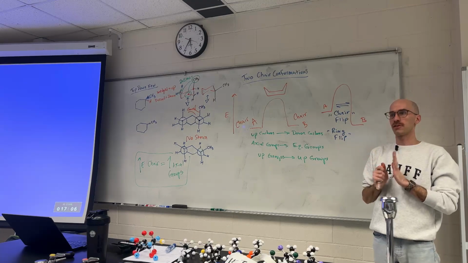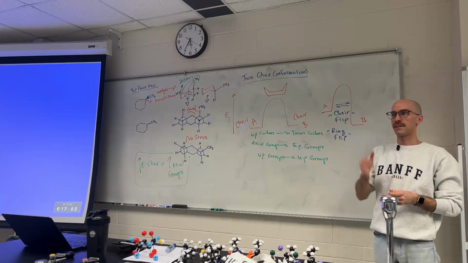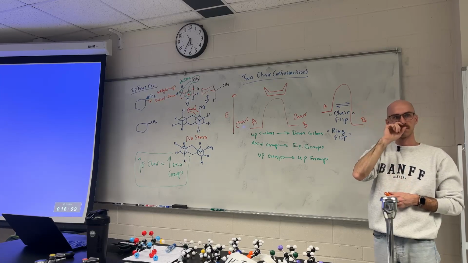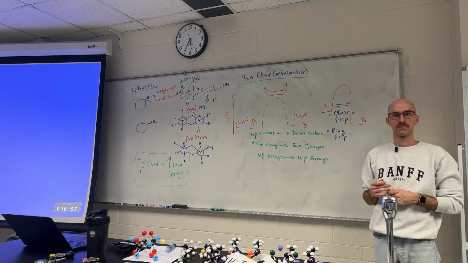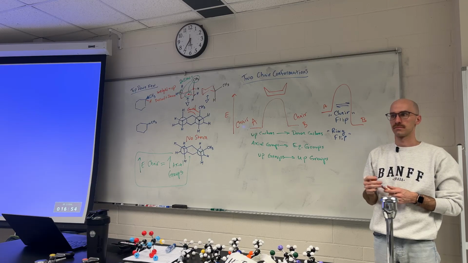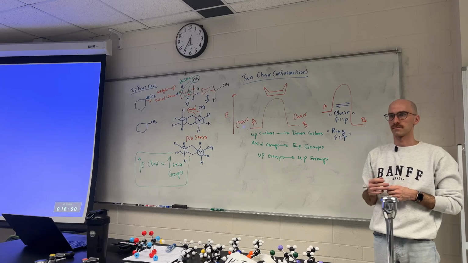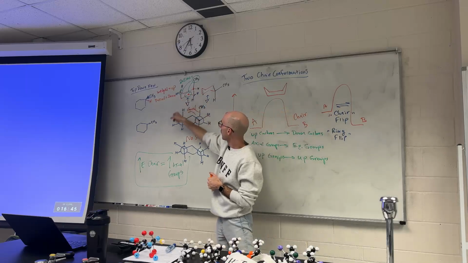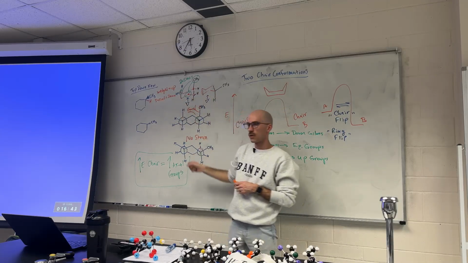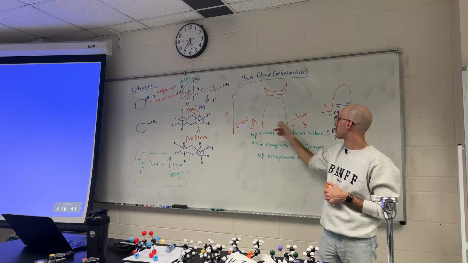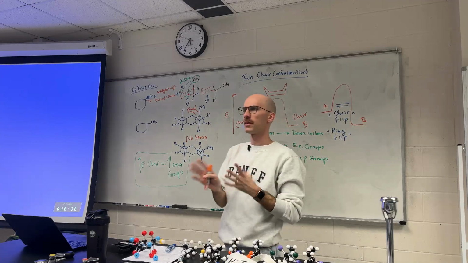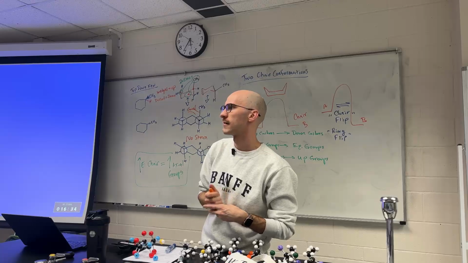Can you tell me which conformation has the methyl group anti to a hydrogen? Let's call it chair A and chair B. Which chair, the higher energy or the lower, chair A or chair B, has the methyl group placed anti to a hydrogen?